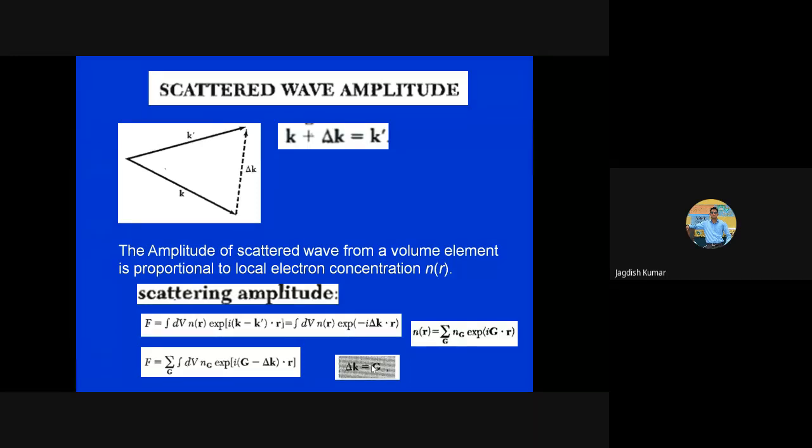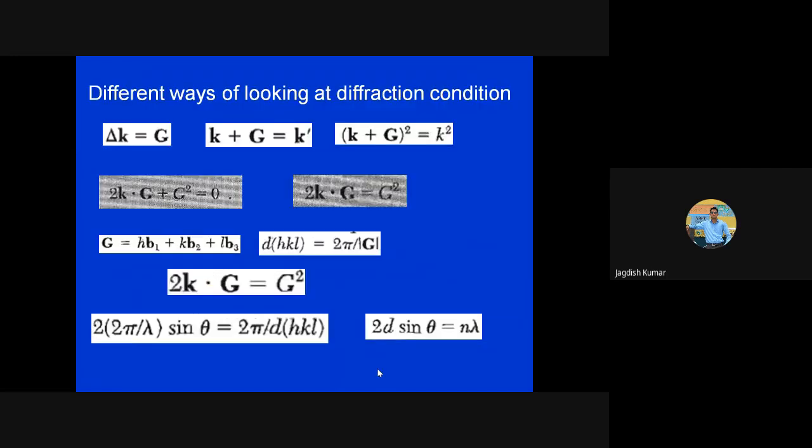This is also known as Bragg's diffraction condition in the reciprocal space, in the form of the reciprocal lattice vector. So G is your reciprocal lattice vector, and delta K equal to G gives the Bragg's condition in reciprocal space.